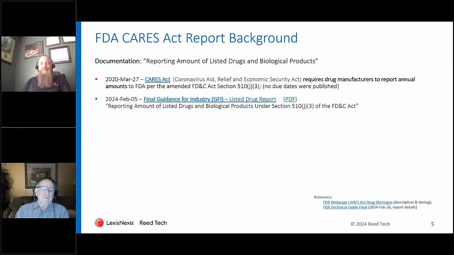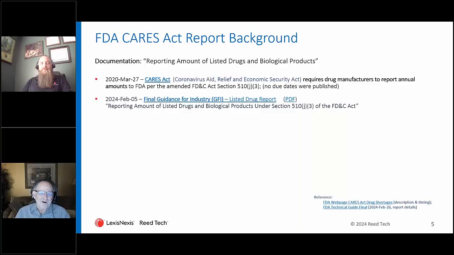The documentation, there's two primary documents that you should be familiar with. One is the CARES Act, so that's the Coronavirus Aid, Relief, and Economic Security Act. Yeah, it's a real handful, but the CARES Act put many things in place and probably didn't catch too much media attention.